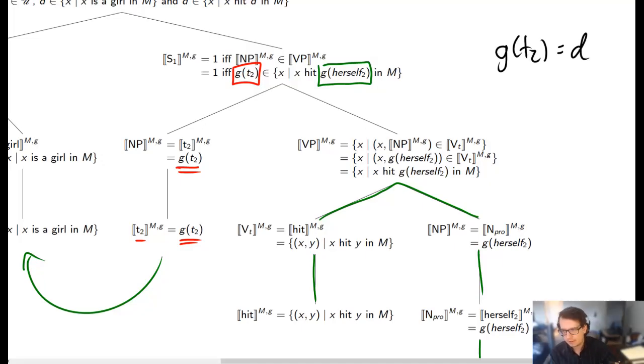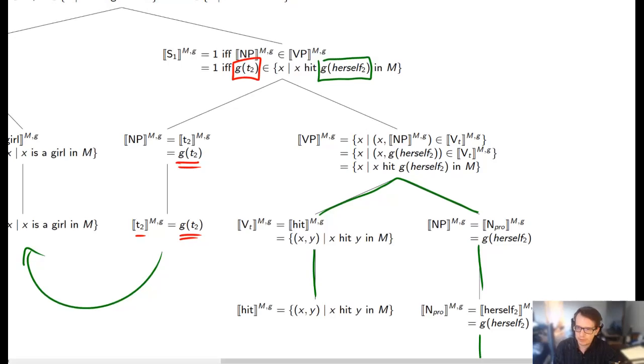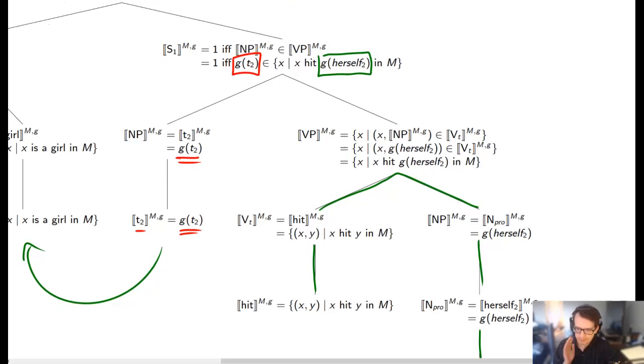But what's going to happen, and I'm just going to spell out the rule now. So we'll talk about it when we look at the rule, but let me just illustrate exactly what's going to happen. We are going to do a replacement where we have the assignment function and we do d replacing T2.